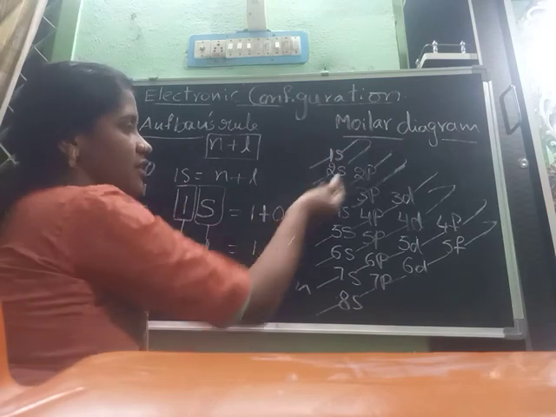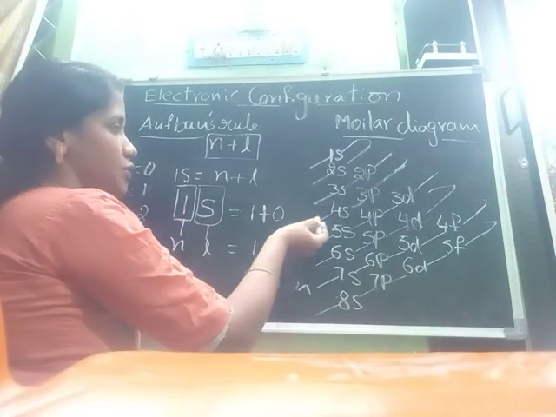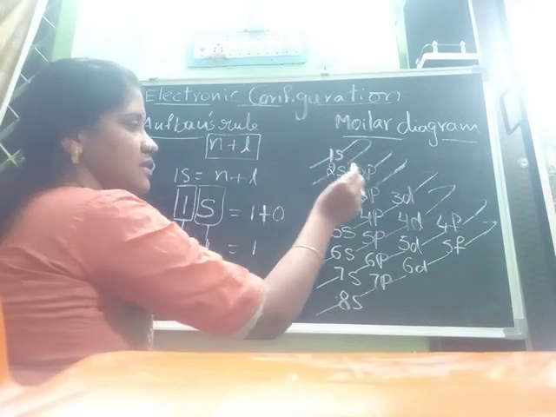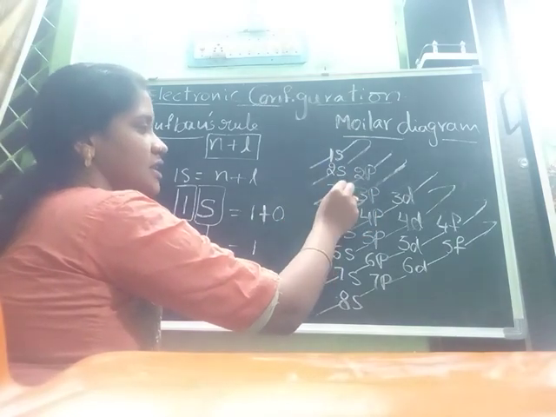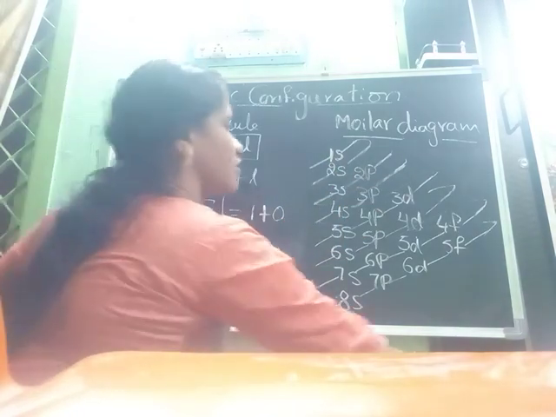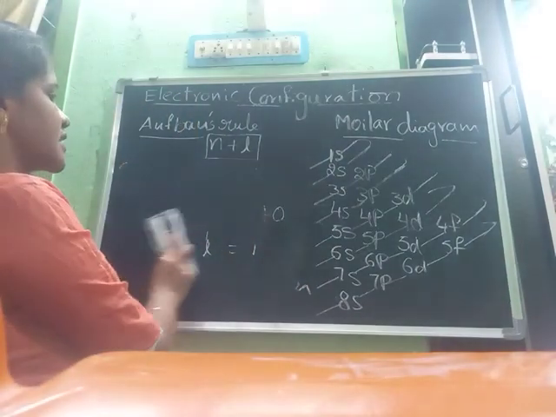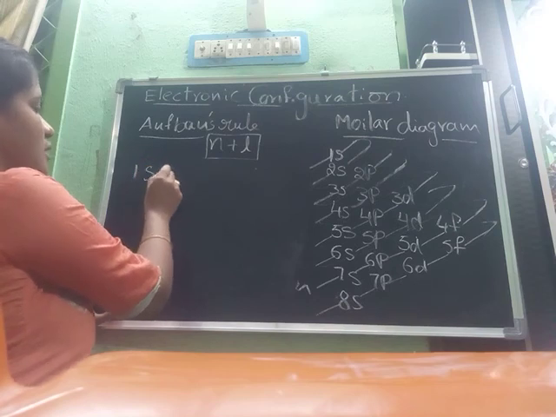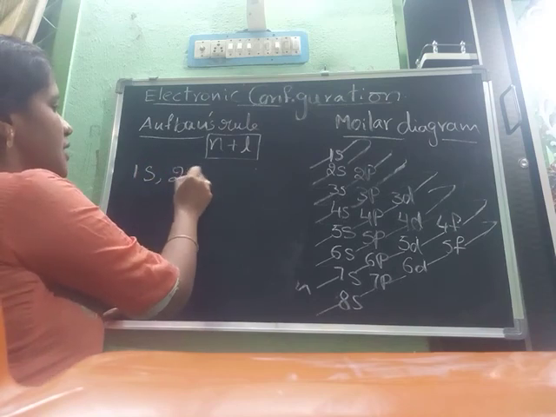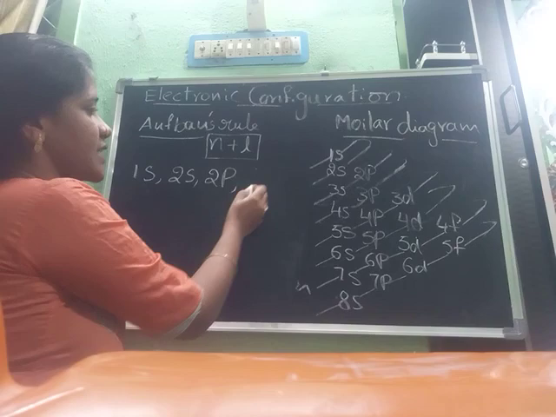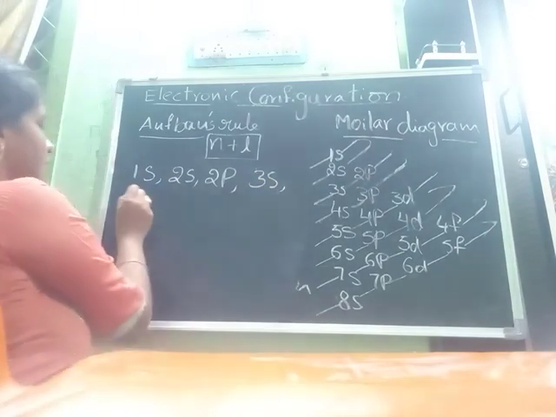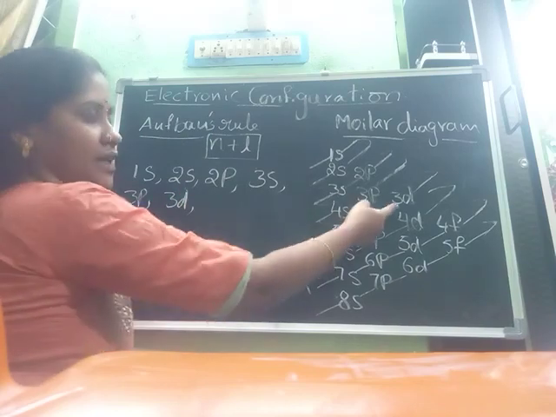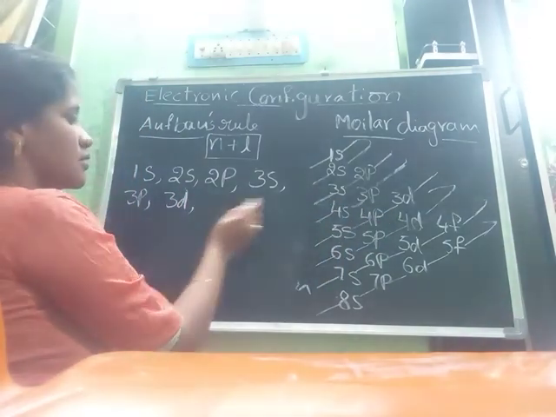So electrons will enter into the first 1s. Next 2s, next 2p, next 3s, next 3p. See, 1s, next 2s, next 2p, next 3s, next 3p. 3p next what is?